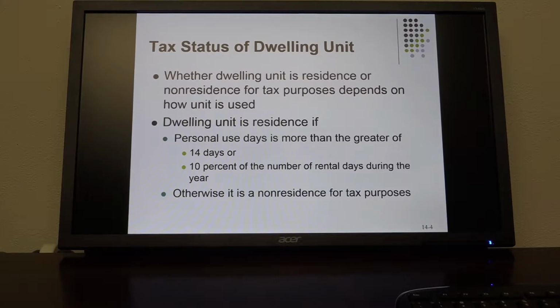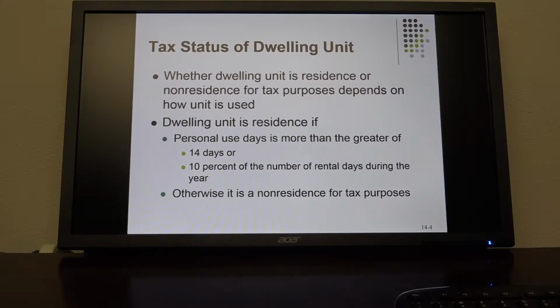It's considered a residence. Now, if they rent this dwelling unit out for more than 140 days, then the personal use has to be greater than 14 days. So anyway, not to dwell on that too much, but that's kind of how that works.